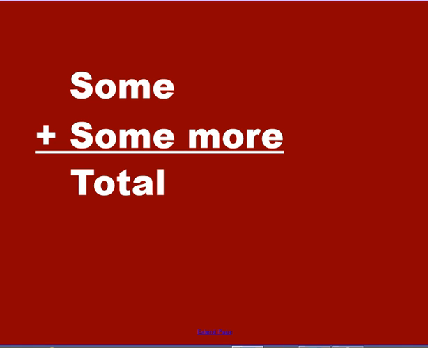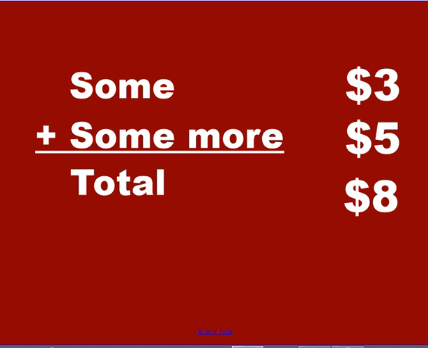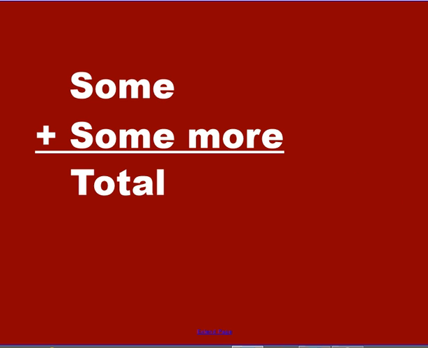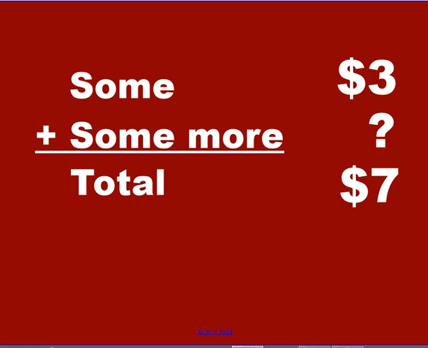So in some more problems we've been going through, like in our last one, we know that we had $3 and we added $5 and then our total would be $8. But in some more problems, they're going to be giving you: Tom had $3, he was given some more money, and now he has $7.